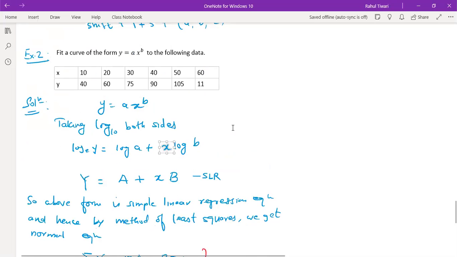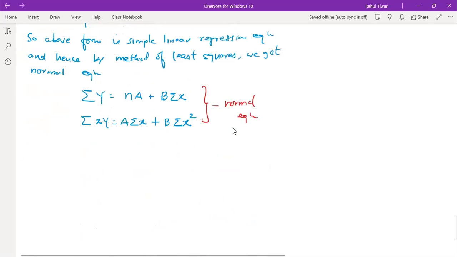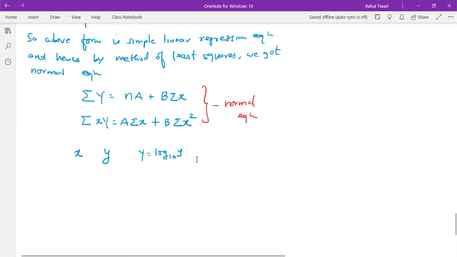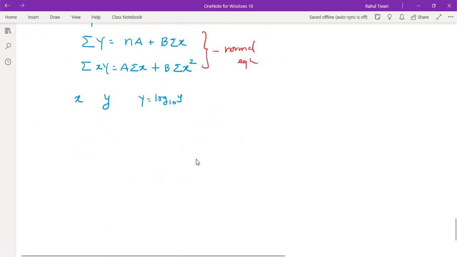Create the column of x as usual, y, and now create the column of Y, which is equal to log base 10 y. Make sure log base 10 of x and log base 10 of y, because this is y, this will be as it is. So these many columns you need to create.